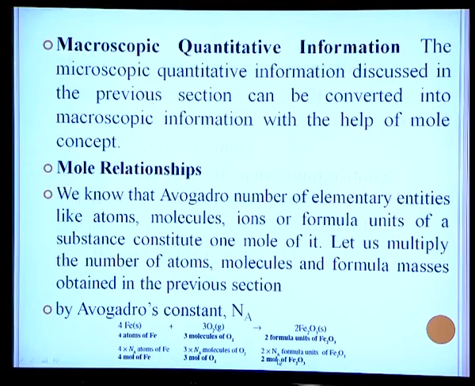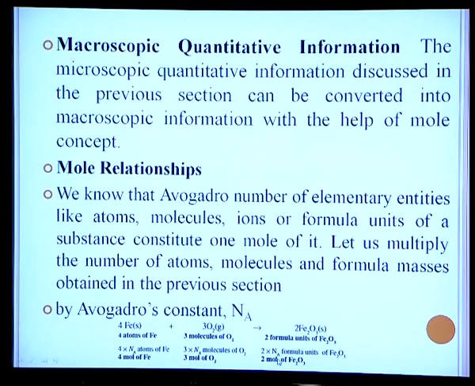Now macroscopic quantitative information. The microscopic quantitative information discussed in the previous section can be converted into macroscopic information with the help of the mole concept. Mole relationship: we know the Avogadro number of elementary entities like atoms, molecules, ions or formula units of a substance constitute 1 mole of it.